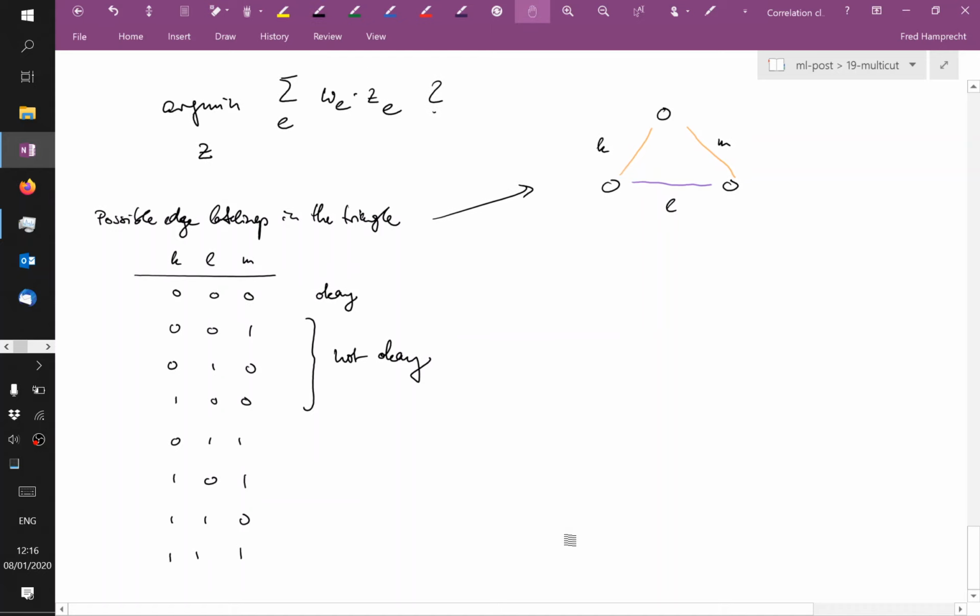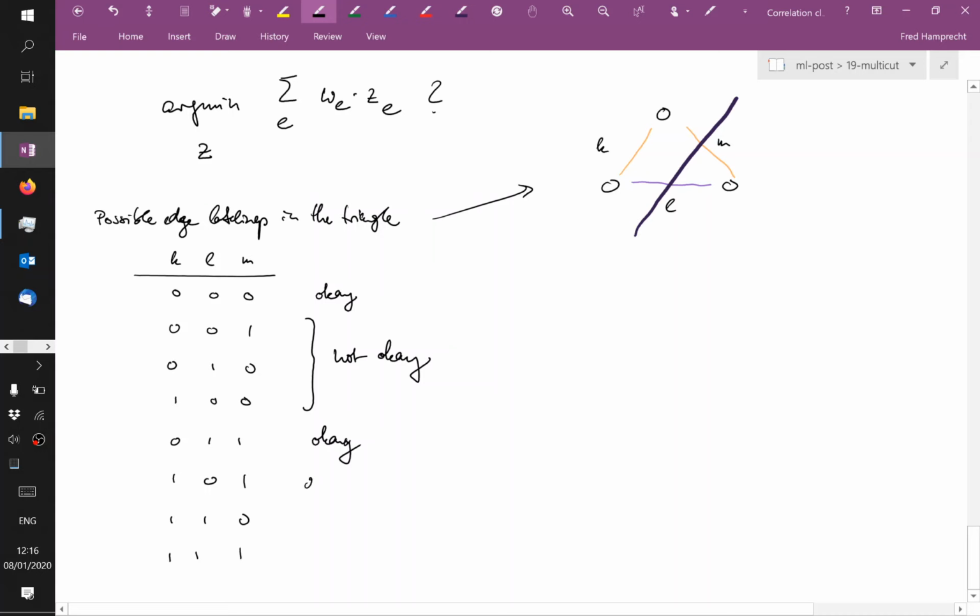And then let's look at that candidate here. So this means cutting edge L, cutting edge M, but not cutting K. That would be a legal solution. Okay. And the others are just permutations.